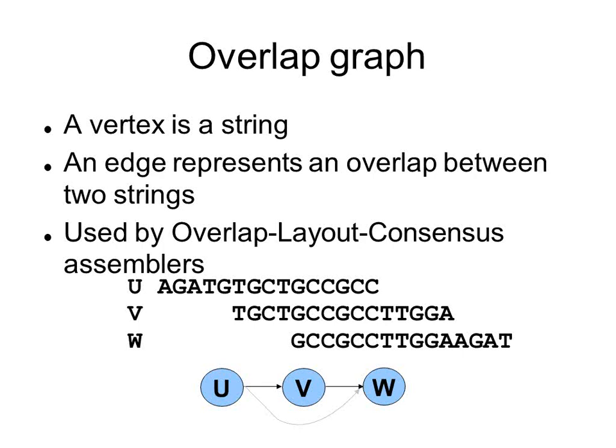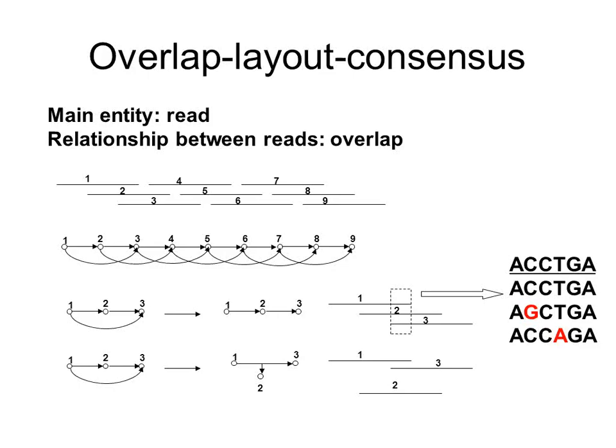Okay. So how does that actually work? This is an example of what they call an overlap graph, where a vertex, or node, is a particular string. In this case we have 3 sequences, U, V, and W. An edge represents an overlap between any 2 strings. The algorithm generates a graph out of all of the reads. In this case, you have 3 reads that partially overlap, so it generates this kind of graph format on the computer.